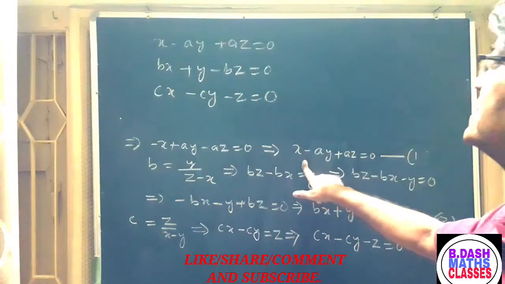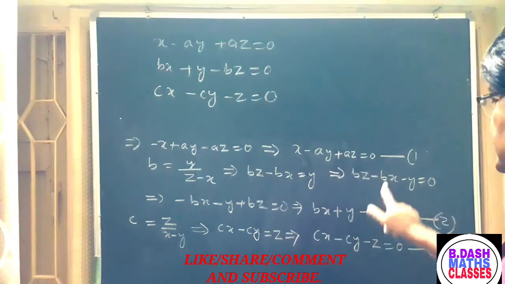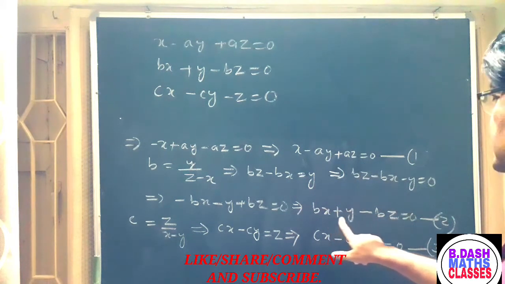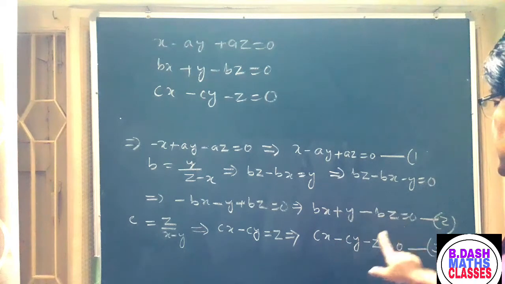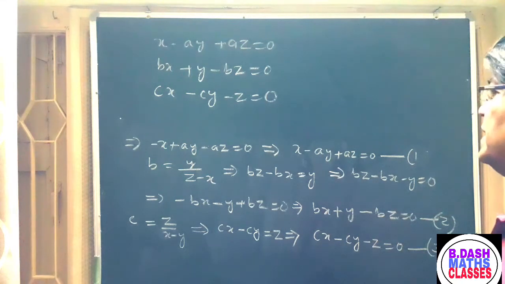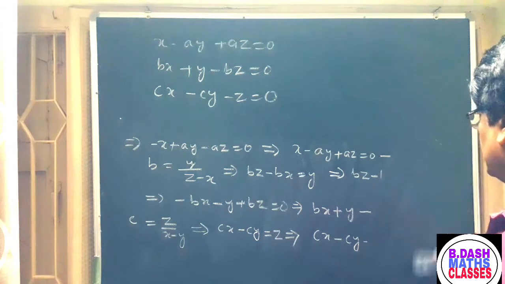The first is x minus ay plus az equals 0. The second is bx plus y minus bz equals 0. The third is cx minus cy minus z is equal to 0.